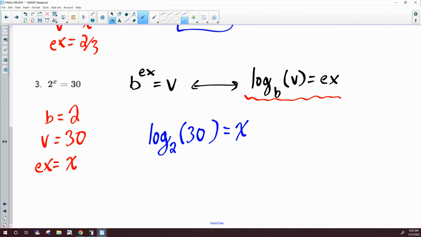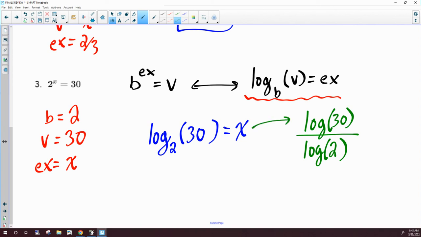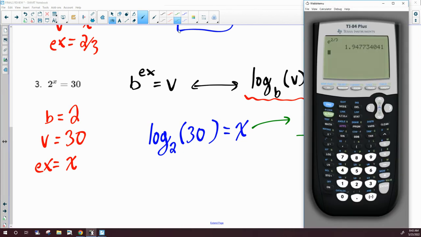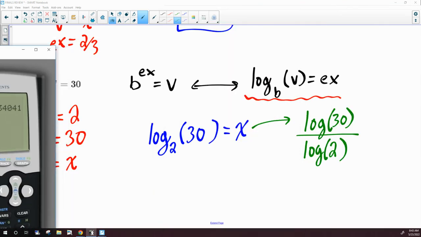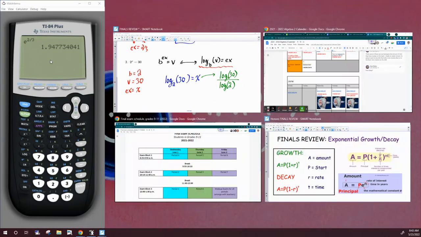It's not a base 10, exactly. So we need to do a change of base. So we do log 30 divided by log of 2. Again, because that 2 is there, this is the only way we can do it in our calculator. I'm just going to put it in for the video.